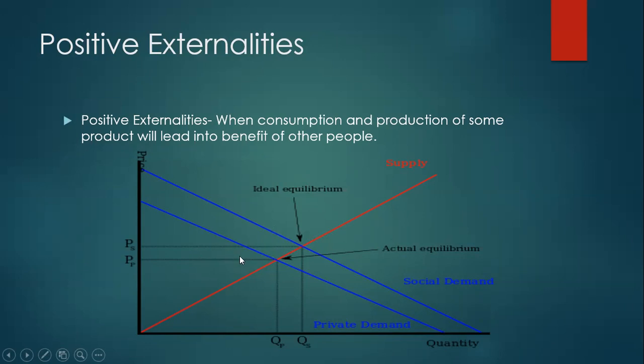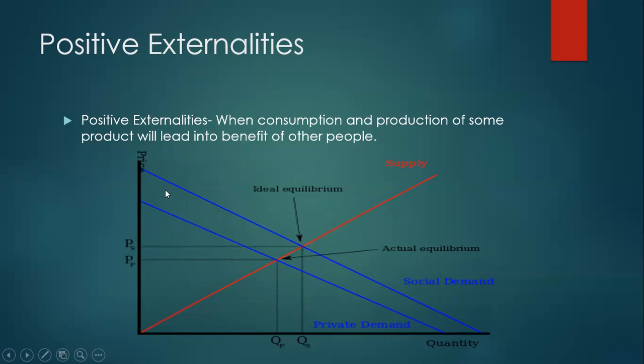So in that case, what will happen? The demand curve will shift ahead as well, and in that way the social curve will come, and there will be a shift in the equilibrium point.